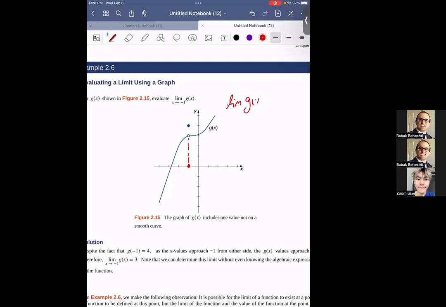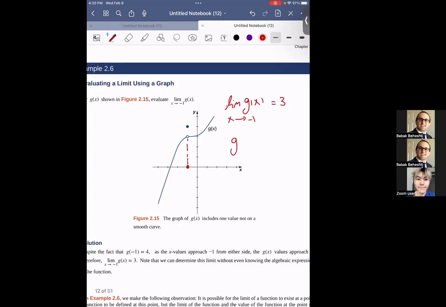So by looking at the graph, you can see that the limit of g of x as x approaches minus 1 equal to 3. However, the value of the function at minus 1, g of minus 1, look at here, is equal to 4. So the limit is not necessarily equal to the value of the function.